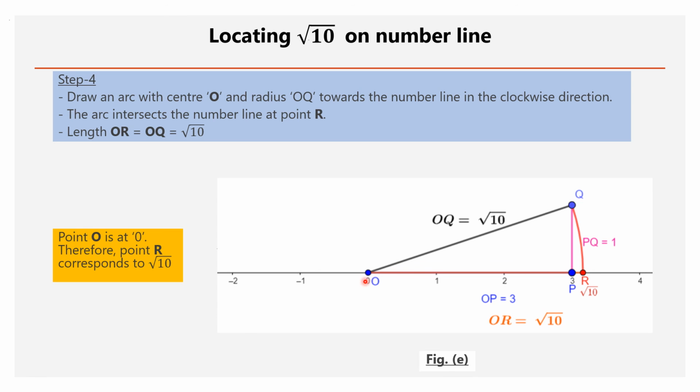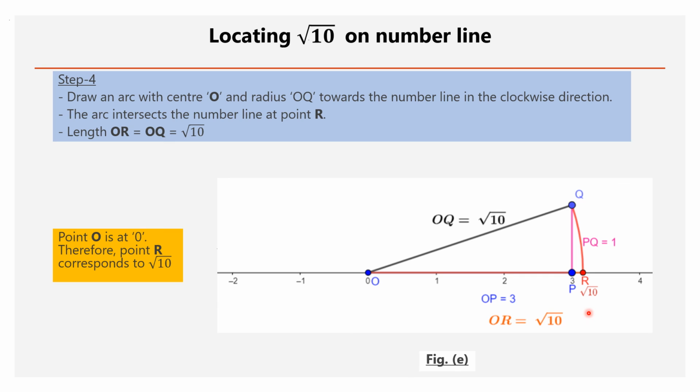Therefore, length OR is equal to length OQ is equal to square root 10. As point O is at 0, point R corresponds to square root 10. So we have completed marking square root 10 on the number line.